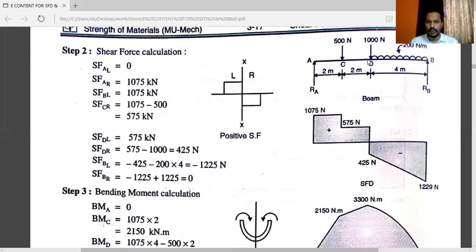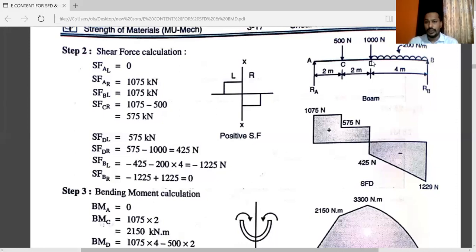So answer will be plus RA minus 500, that is 575 Newton. All the values are in Newton, so answer will be in Newton. Make a necessary correction here.